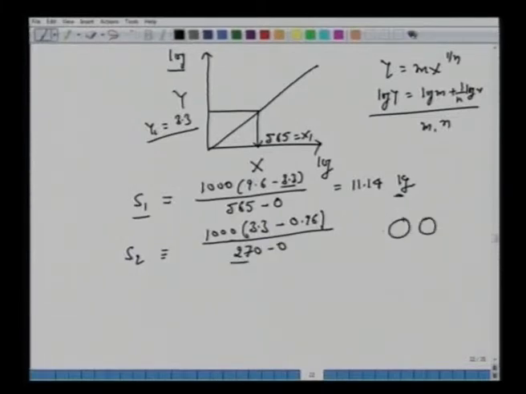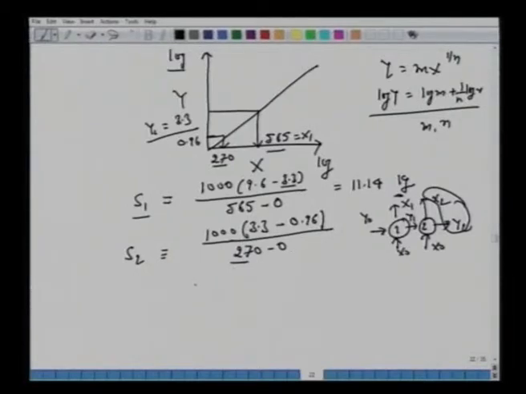Go back to the schematic, stage 1 and stage 2, x0, y0, with x1 and y1 in equilibrium, and similarly y2 and x2 in equilibrium. If we know y2, which is 0.96, we can go back to the curve and read this number as 270. So we have this number 270 and this number 565.